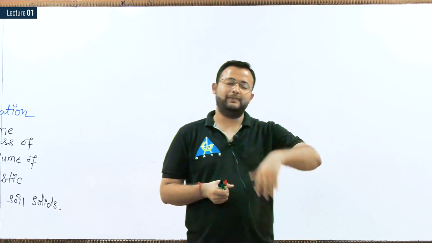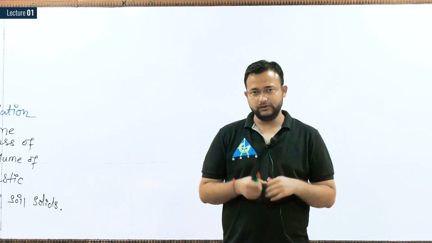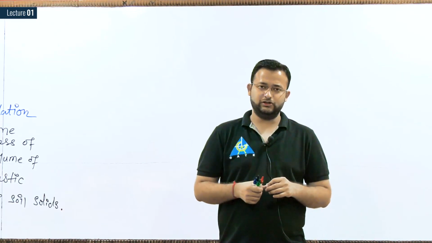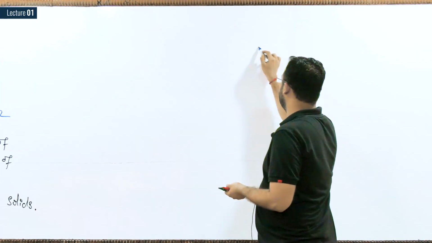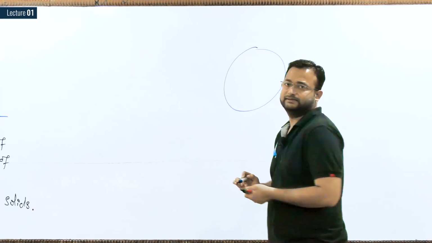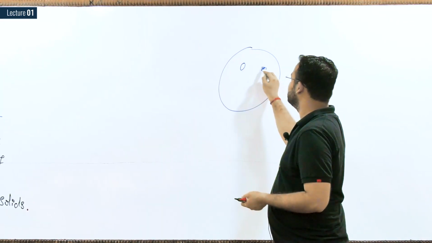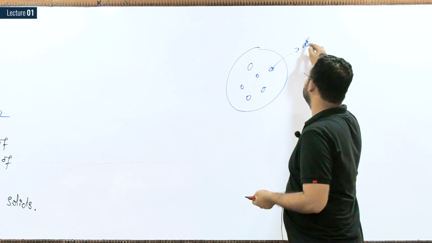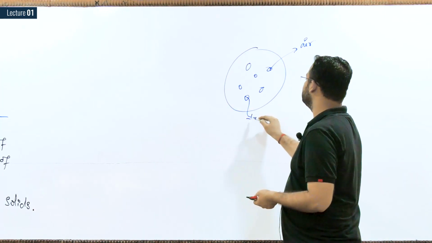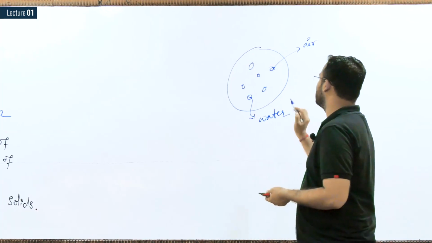What happens if we apply the load? The air is present in the soil. Suppose I have one soil sample, something like this. Some voids are filled with air, and some voids are filled with water.